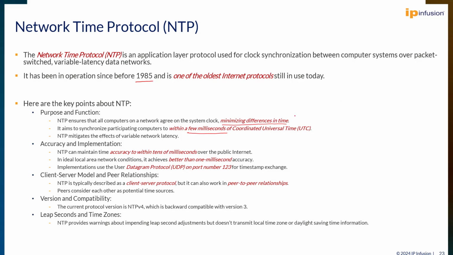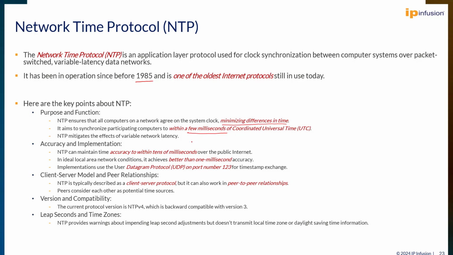And that is the difference that you have between the time of different devices if all of them are receiving the timing information from the same source. So a few milliseconds is not going to hurt. That's very good. But in some cases, of course, we need to have even more precise timing than this. But here, inside the LAN, of course, that's going to be much less than this.